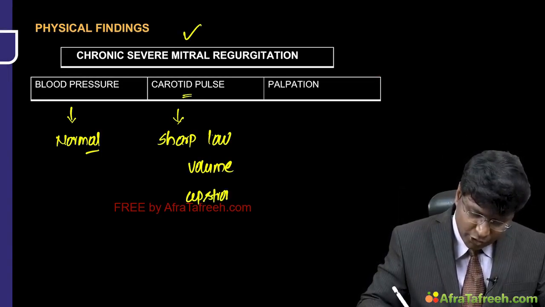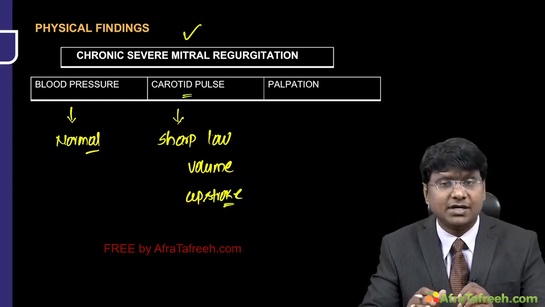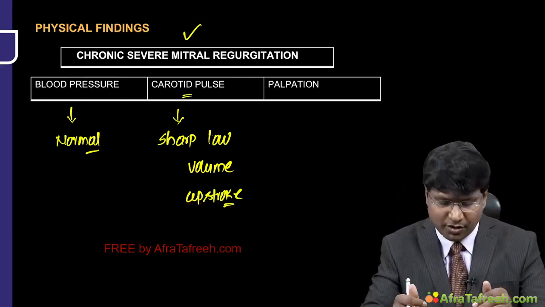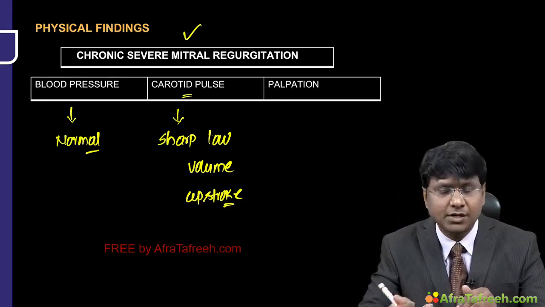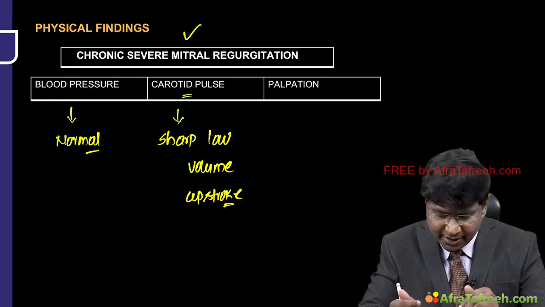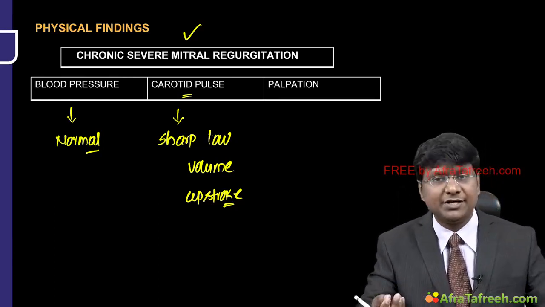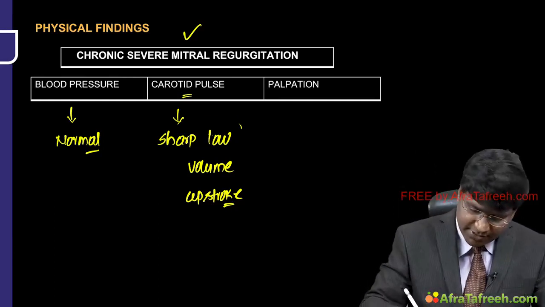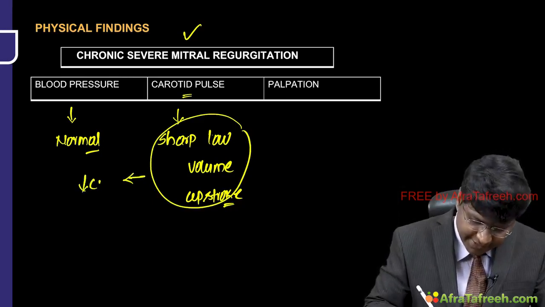Because to a certain extent the cardiac output is not good, because once there is chronic severe mitral regurgitation, there is left ventricular dysfunction. So once the cardiac output decreases, there can be a low volume upstroke. This sharp low volume upstroke is mainly because of decrease in the cardiac output.